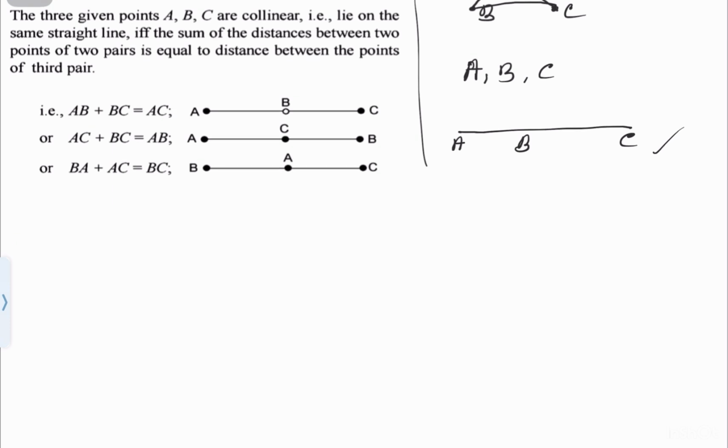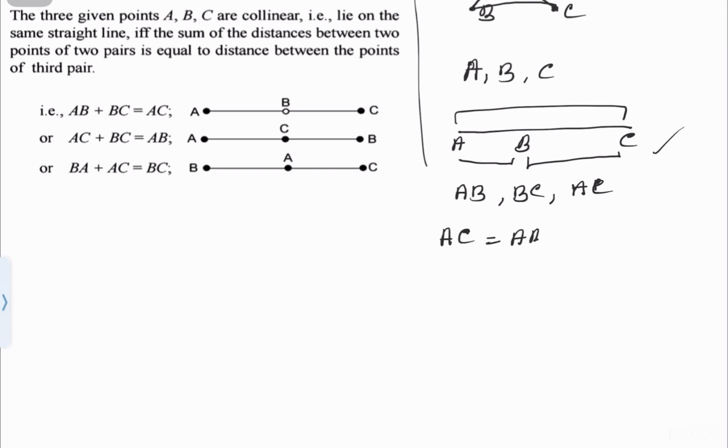What will be the conditions for collinearity? The distance between A and B is named AB, the distance between B and C is named BC, and the distance between A and C is named AC. Just tell me, can I write AC equals AB plus BC?